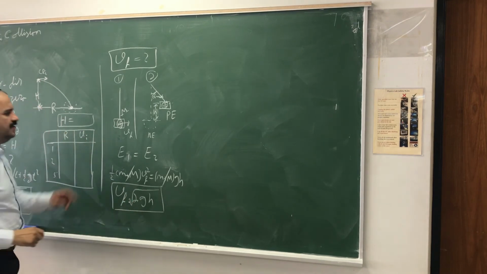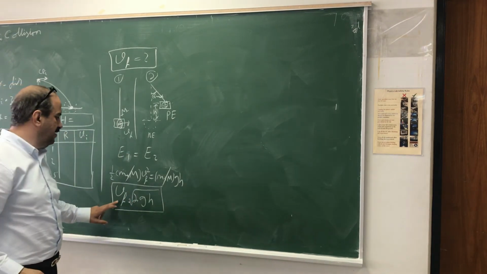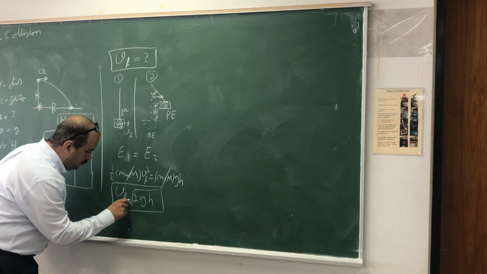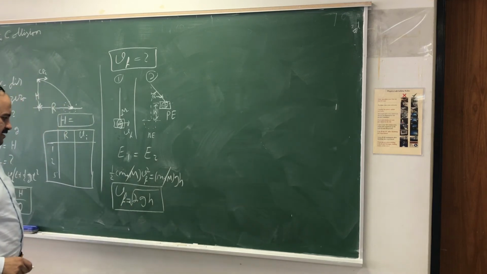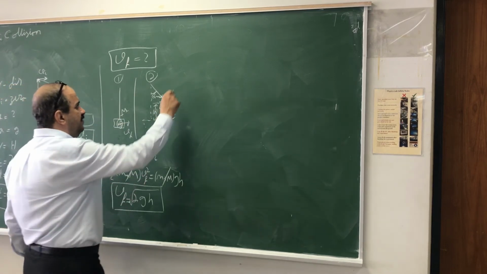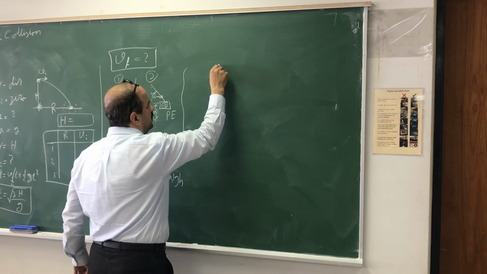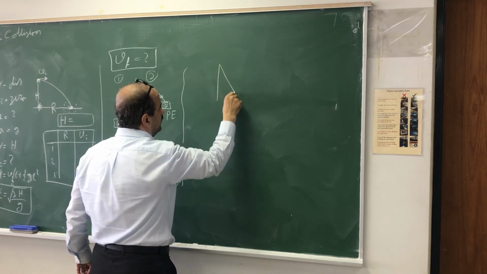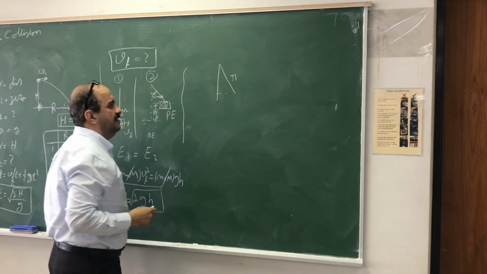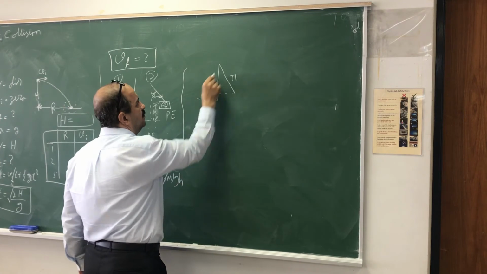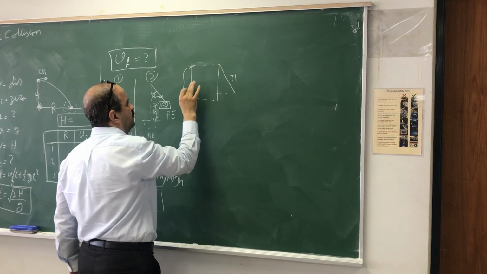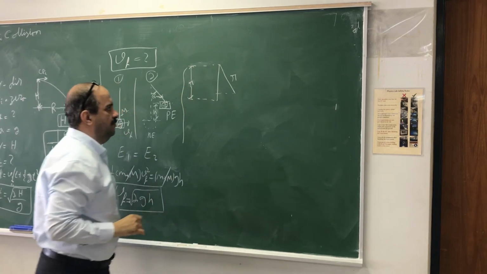Then by using the conservation of energy law, we can find the value of v final, which equals the square root of 2 multiplied by the acceleration multiplied by the value of this small h. Now, to find this small h from trigonometry, we know that if we have a triangle like this, the hypotenuse is small r, which is the same as the arm of the ballistic pendulum.